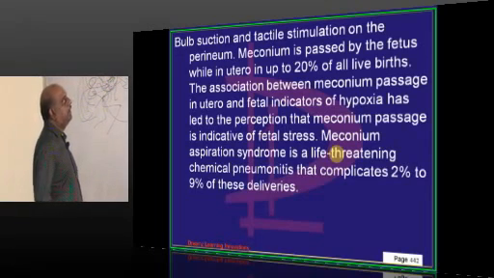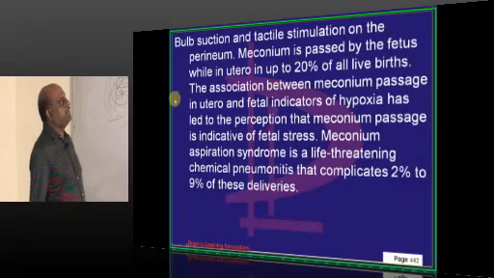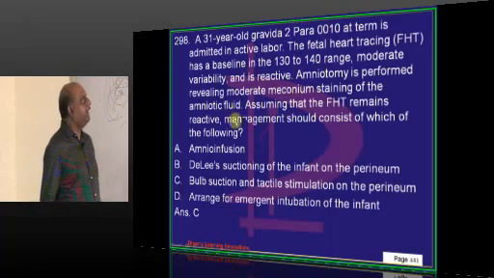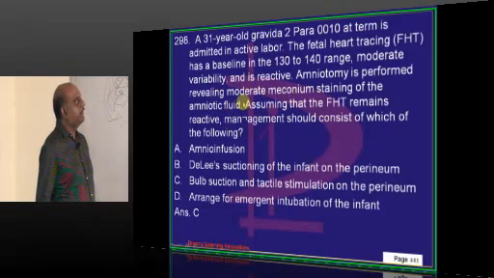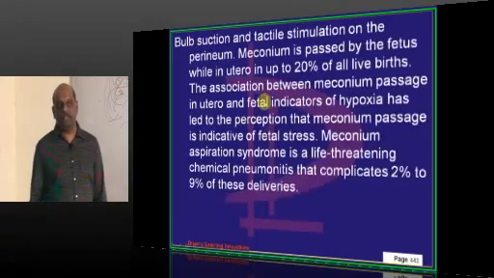Bulb suction and tactile stimulation of the perineum. So, you must be quite sure of fetal well-being and the role of amniotomy, indications of amniotomy, etc.